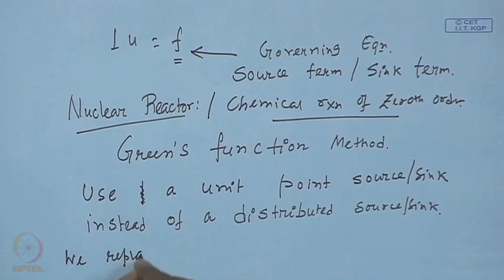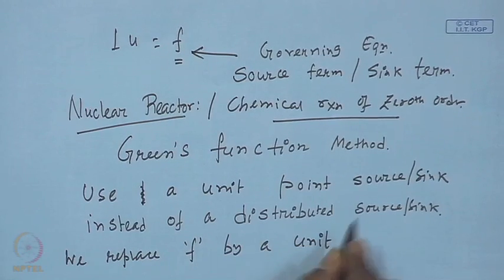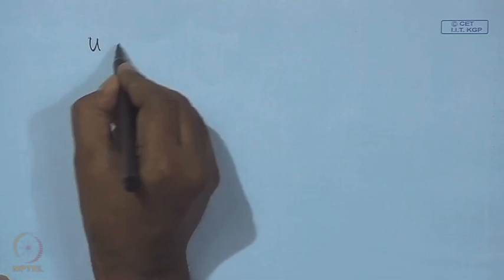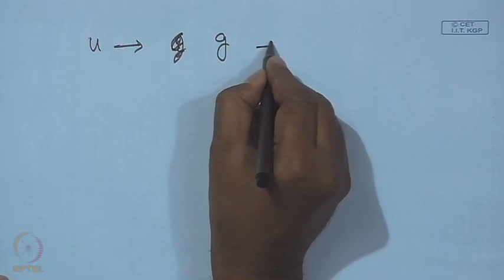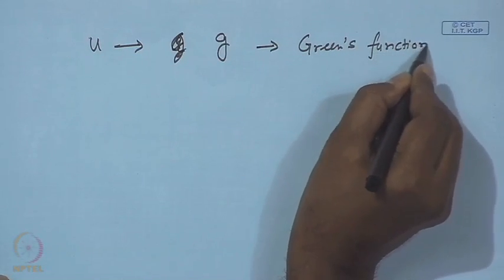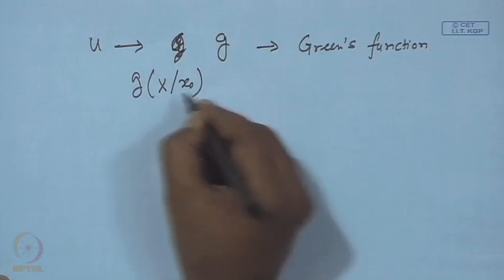So, what we are doing? We replace F by a unit pulse. The corresponding solution u is called the Green's function. When we replace f by a unit pulse, the u is replaced by Green's function g, and we write g as a function of x comma x naught.